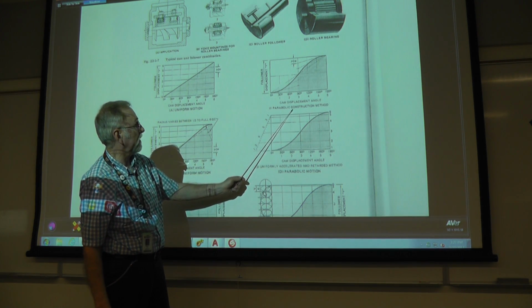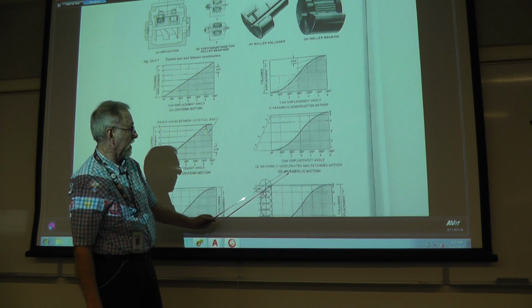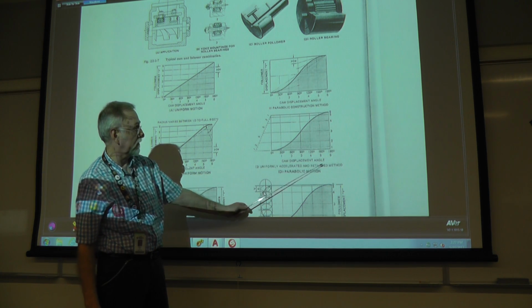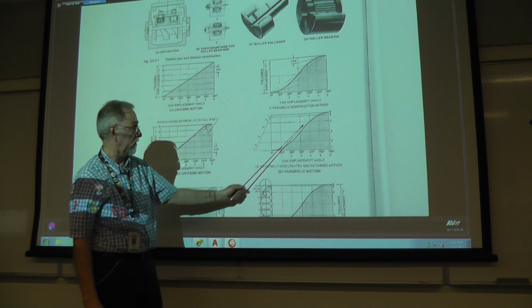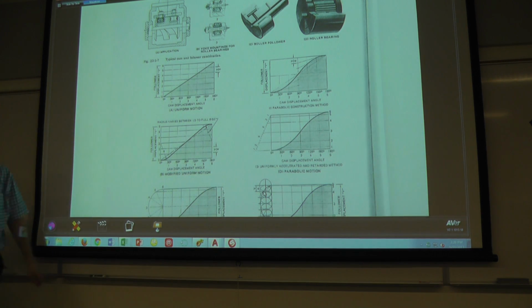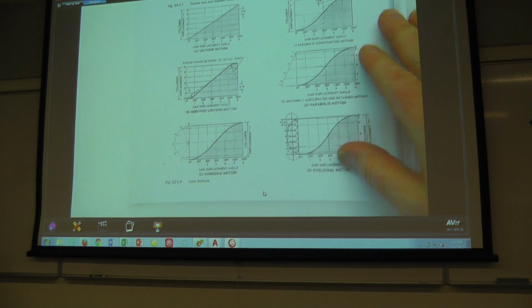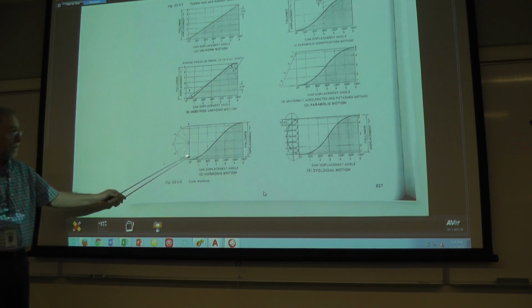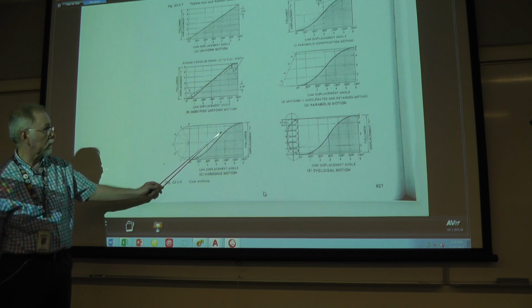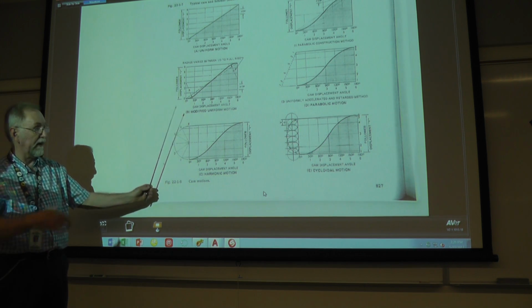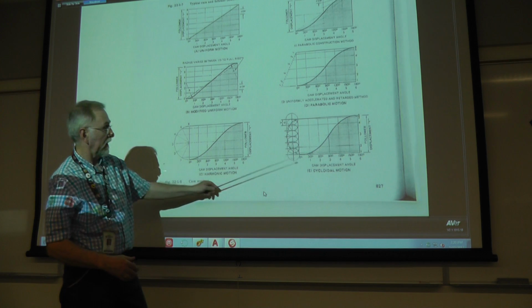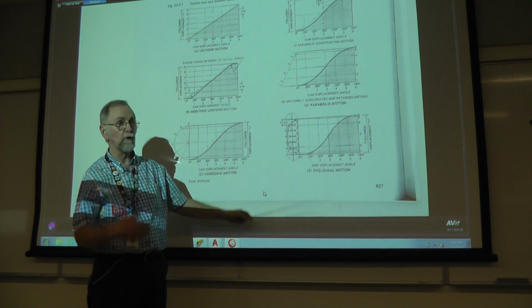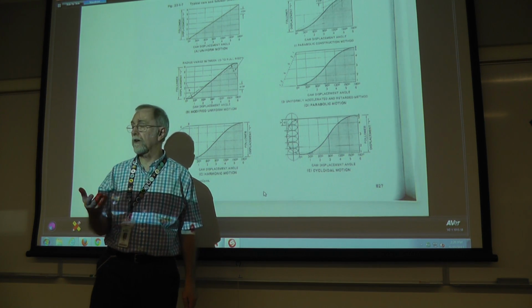So you have a parabolic construction method, you have the uniformly accelerated and retarded method, which is one of the forms that you're going to be using. And then there's a couple others as well. Harmonic motion, again, is controlled by a scale that has increments to it. And cycloidal motion is also controlled by a scale.